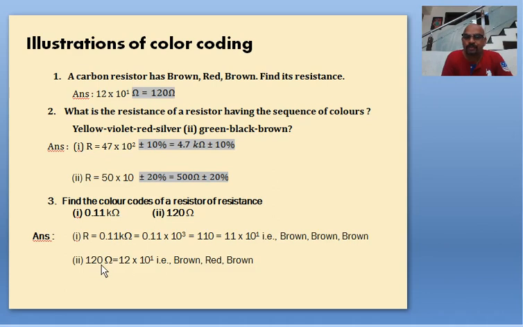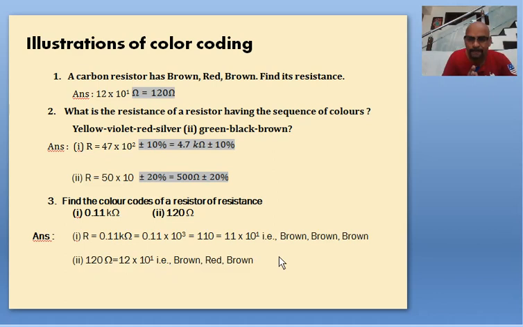If you straight away start writing the color code, you won't get the proper answer. So just write 120 as 12 into 10 to the power 1. Here 1 represents the first digit, 2 represents the second digit, and 10 to the power 1 is the multiplier of 10. 12 into 10 to the power 1 is nothing but 120. Therefore 1 is brown, 2 is red and 10 to the power 1 is again brown. This is how you have to do it.